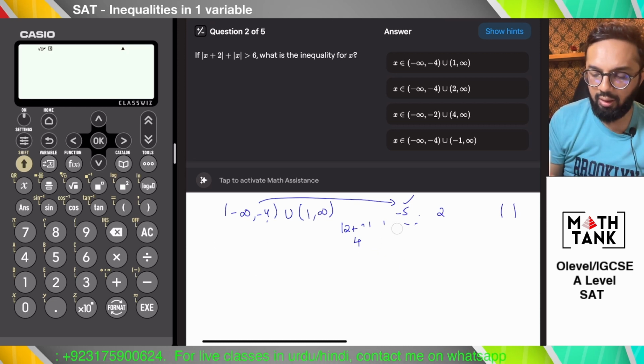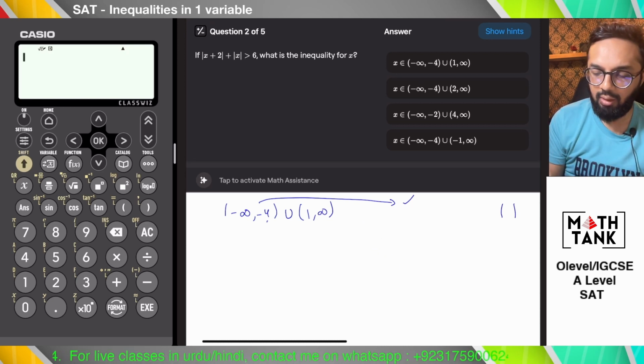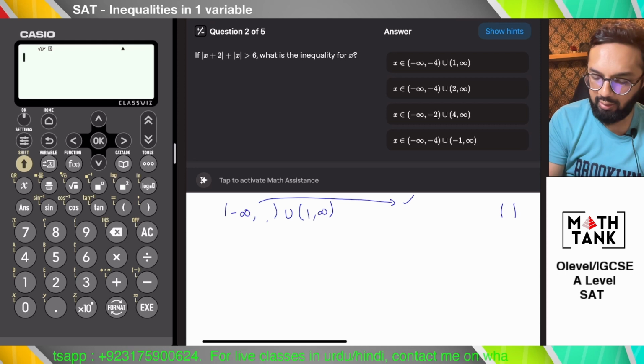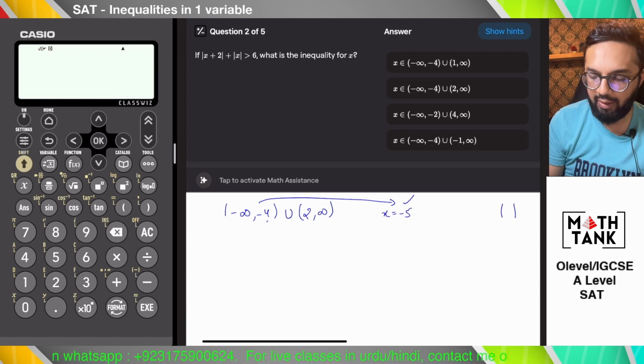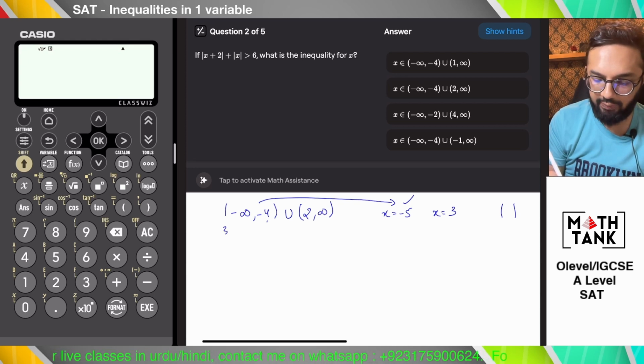Let's see. What is the next answer option that I have? Okay, there was a minus 4 here, but there's a 2 here. So let's check if 3 balances my inequality. I've tried out minus 5 already. Let's try out 3. So modulus of 3 plus 2 plus modulus of 3 is greater than 6.